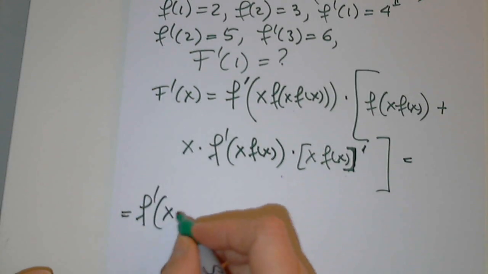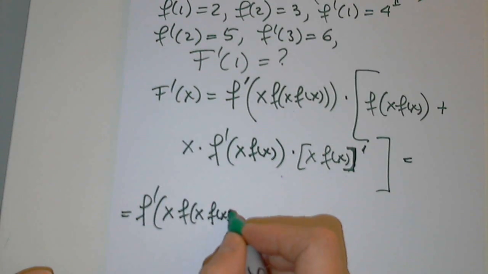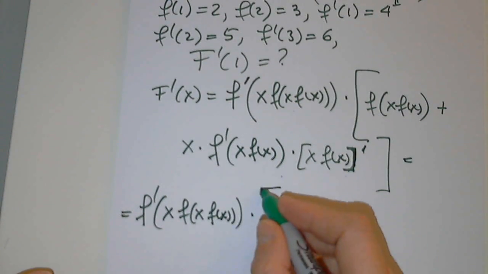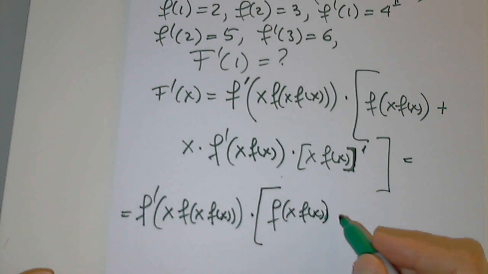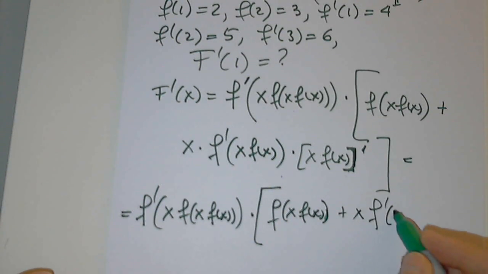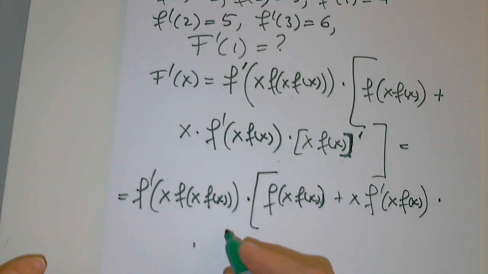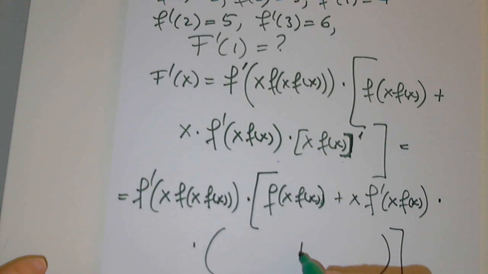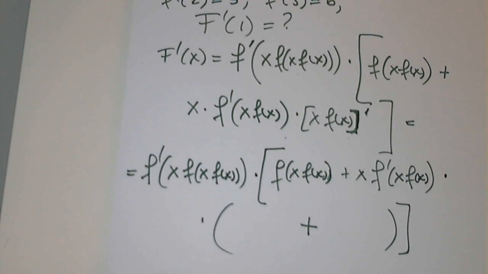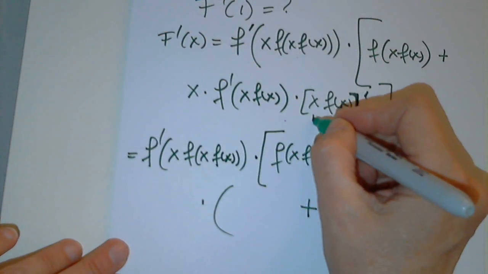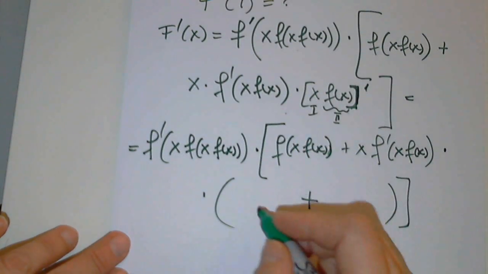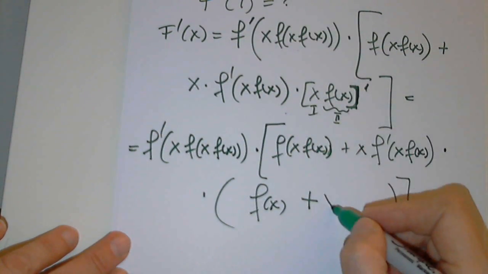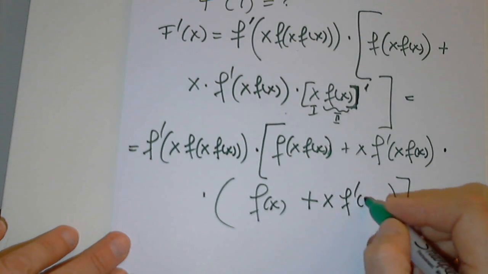So f prime of x f of x times f of x, plus x f prime of x, and times a sum, because I'm using the product rule again. This is number 1, and this is number 2. The first function prime is 1 times the second one, plus the first times the second prime.